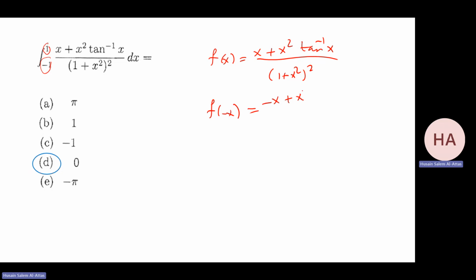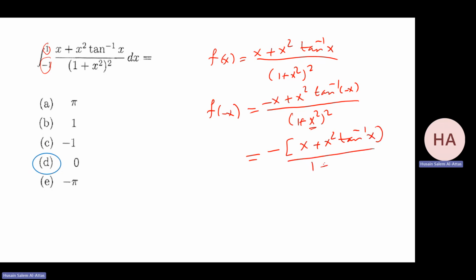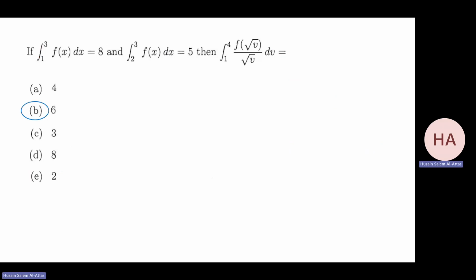Minus x plus x squared tan inverse of minus x, and I can take minus as a common factor. 1 plus x squared will not affect it, minus x squared will be the same. So I can take minus as a common factor: I have x plus x squared tan inverse x over 1 plus x squared, which is minus f of x. So it's an odd function, so the answer is 0. When you see minus 1 to 1, you need to think about 0.